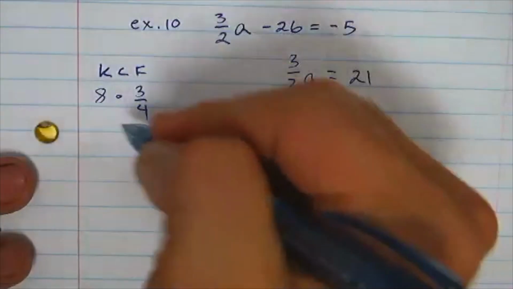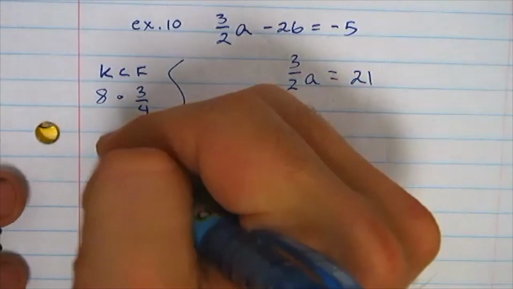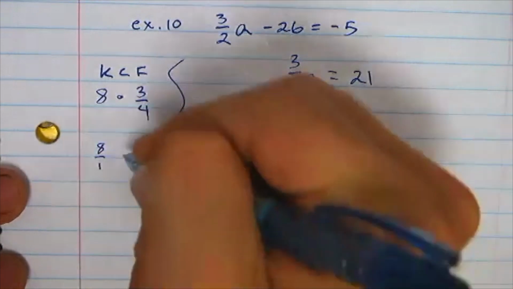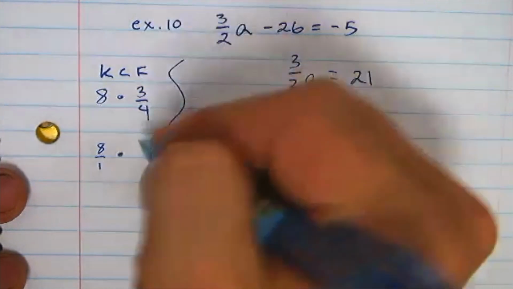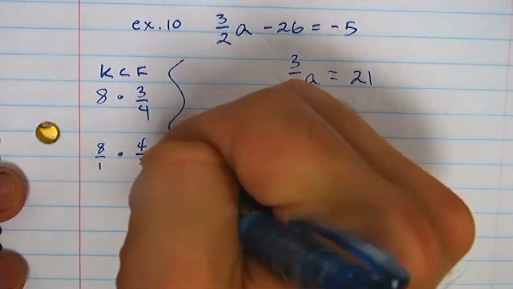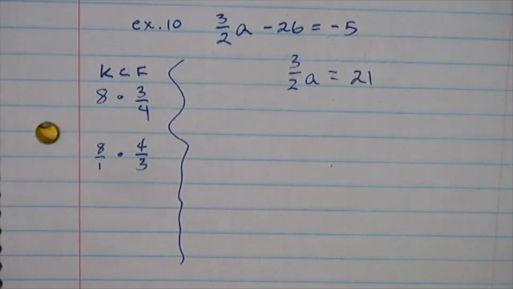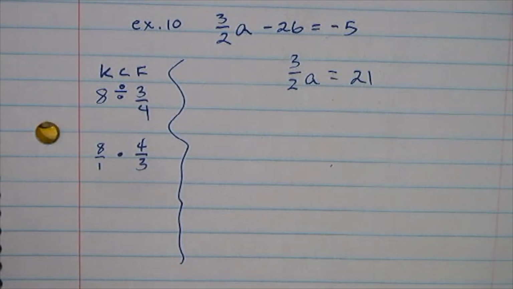So we would keep the 8, so 8 over 1, we would change that, and we would call that 4/3. Oh, I'm sorry, this one should be division. I was like, what are we changing? The division sign to a multiplication sign, right?